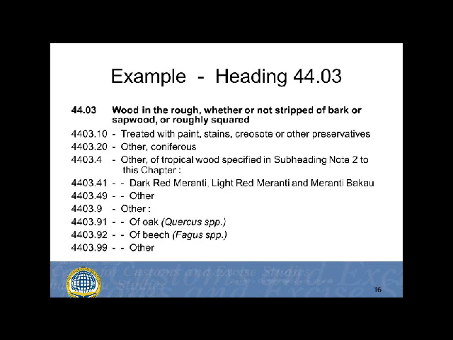They are 440320, 4403.4, 4403.49, 4403.9 and 4403.99. Don't get too focused on the names of the wood, the botanical names. Our aim is to work out which other relates to what, and the dashes will assist us in this.